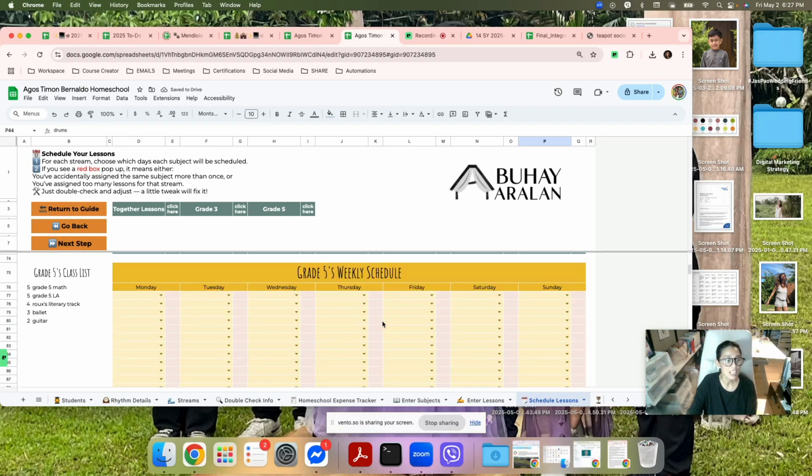Okay, so that's done. For Rue, on Wednesday morning, she has her guitar. Okay? There. And then she does her math and her language arts every day. So I'm going to paste that there.